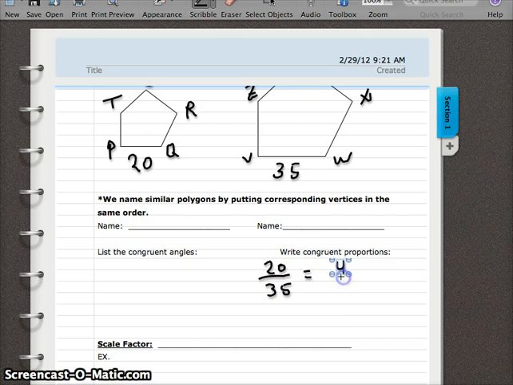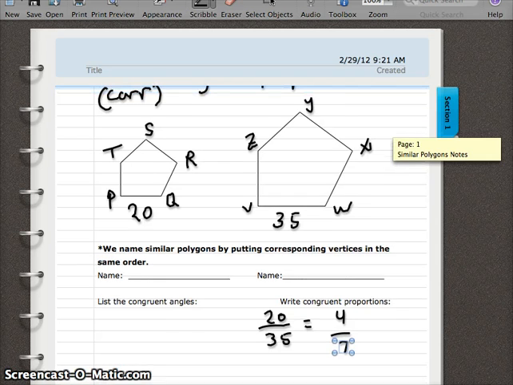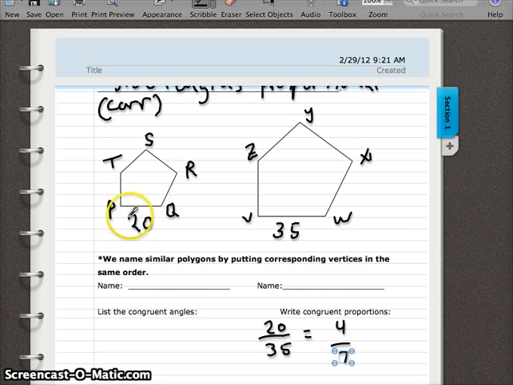So 4 over 7. And we'll talk about what this number means exactly in a second here, but basically this shape compared to this shape is this amount. It's either this shape is that amount smaller, or this shape is that amount larger. So 20 is 4/7 of 35.